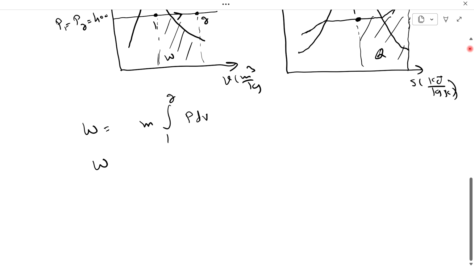So W is equal to M, P is constant, and the integral of dV is equal to V, with lower limit V1 and upper limit V2. So M P times upper limit minus lower limit.